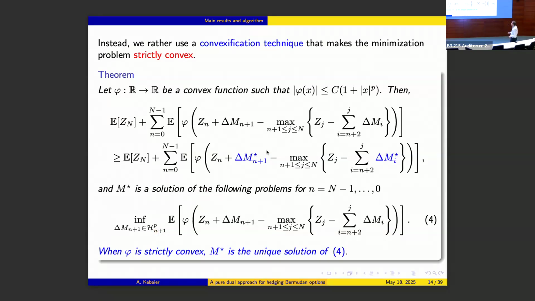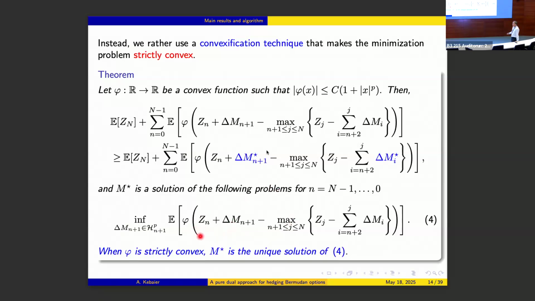M star is a solution of this backward minimization problem, the infimum here. I'm recalling again that the infimum is only computed on the new increments. For each new increment, for n between 0 and capital N minus 1, I'm computing this running infimum. And the good news is the following: when phi is strictly convex, then M star is also the unique solution of this.